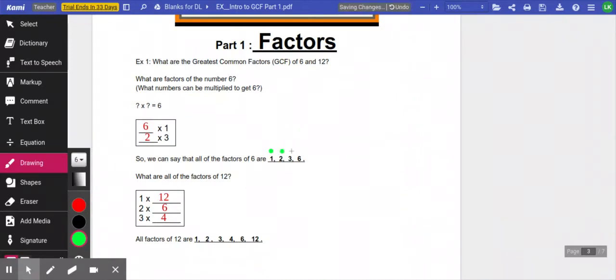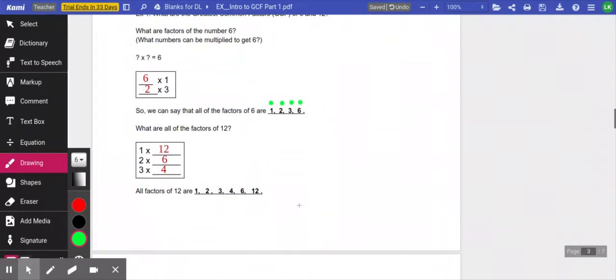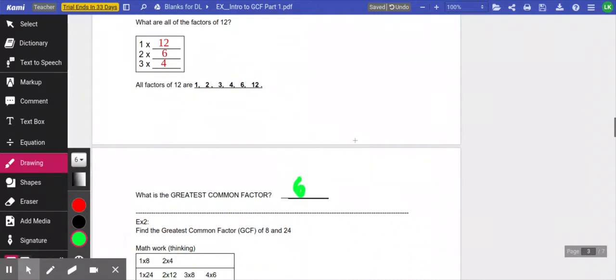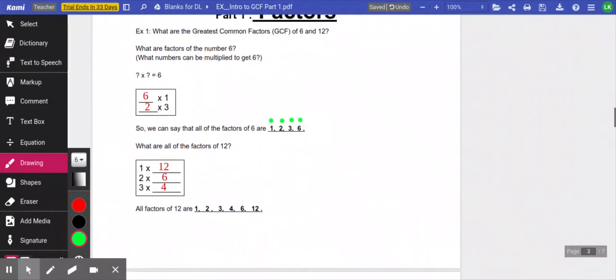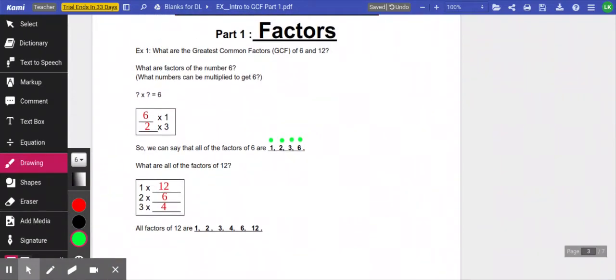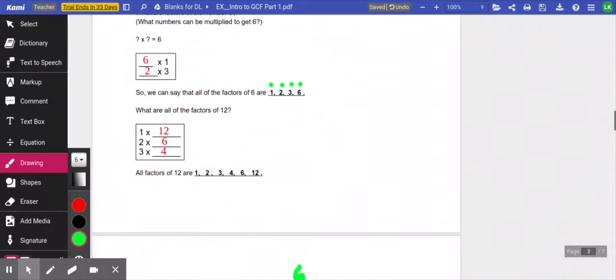They both have 3, and they both have 6. So which of those is the biggest number? Yeah, the 6. So 6 is going to be the greatest common factor of those two numbers, 6 and 12. And isn't that true? Isn't 6 the biggest number I could possibly divide them both by? Absolutely.